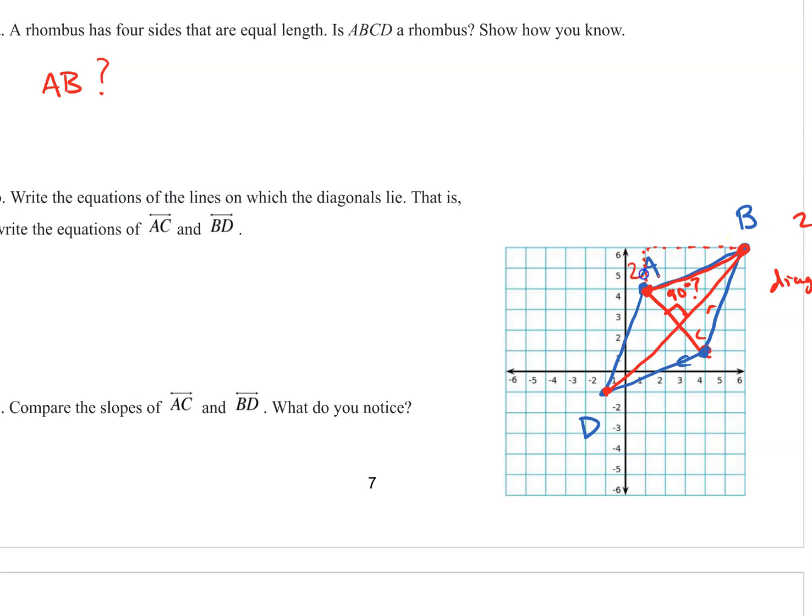This side of the triangle has length 2. The top of the triangle, length 5. Now I have a 90-degree angle, and I can use a squared plus b squared equals c squared. a is 2, b is 5, and c is actually AB. 2 squared is 4 plus 5 squared is 25 equals AB squared.